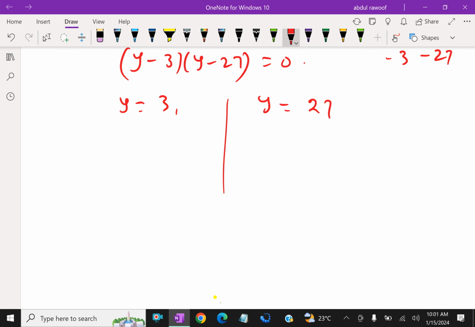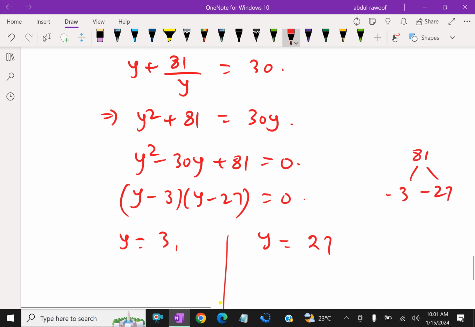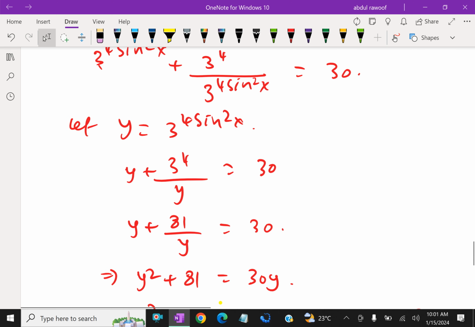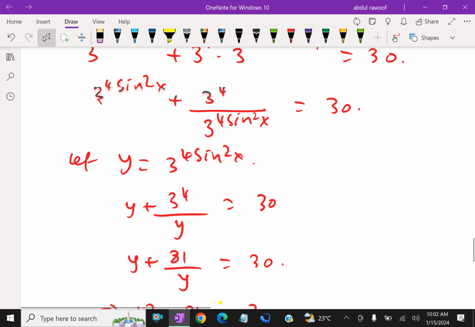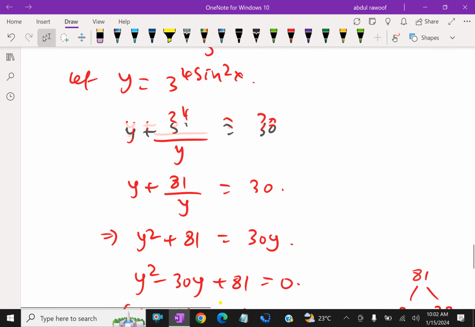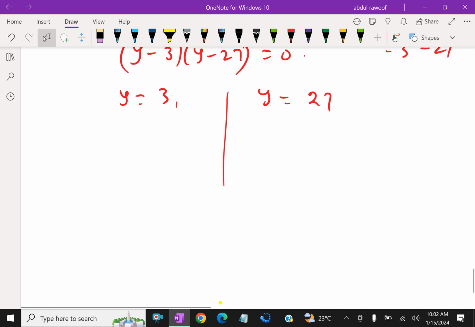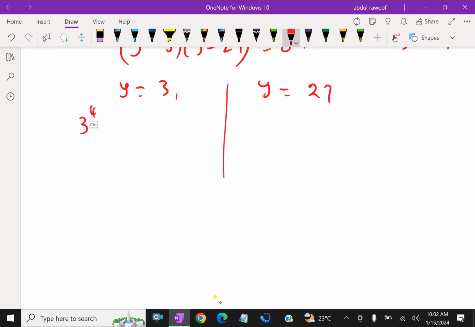Now, first we have y equal to 3. Y we kept as 3 power 4 sine squared x, so 3 power 4 sine squared x equal 3 power 1.